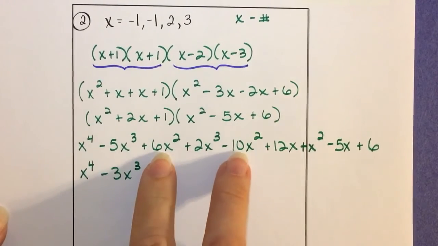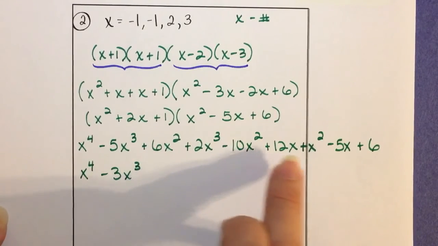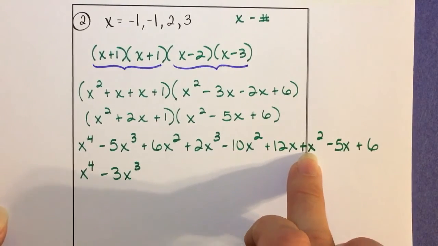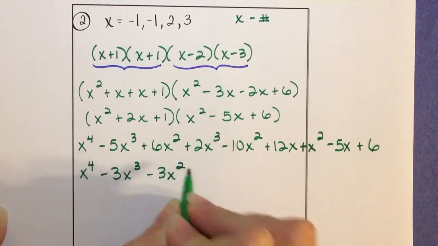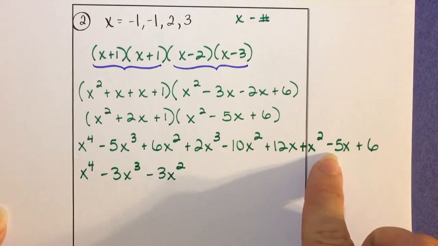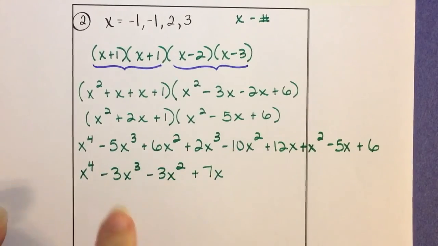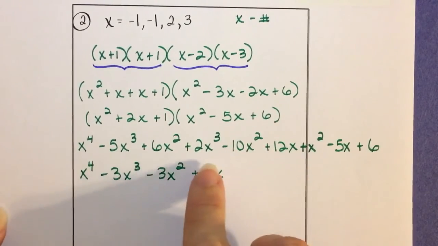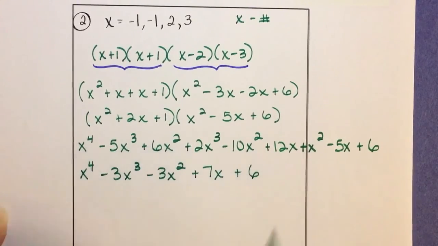All right, your squares, so 6 minus 10 is -4, and -4 plus 1 is going to give me -3. And then my first powers, this would be 12x minus 5x, so that's a +7x. And then finally my constants, of course the only constant that I have is the +6. So this would be my polynomial.